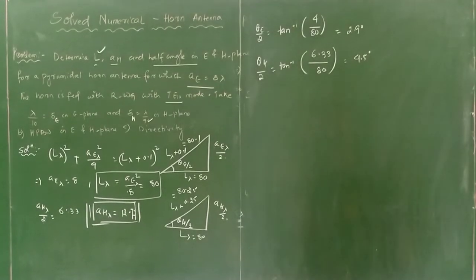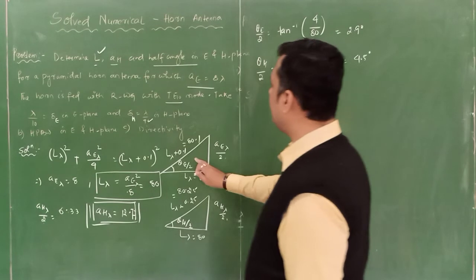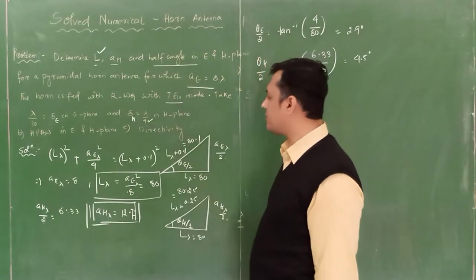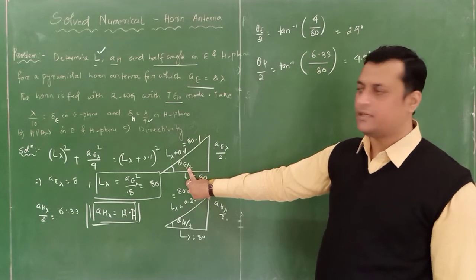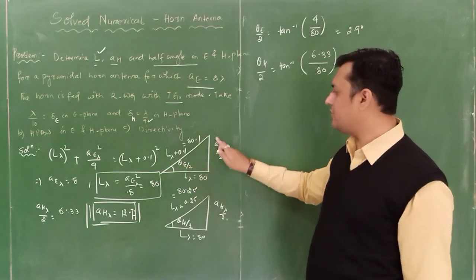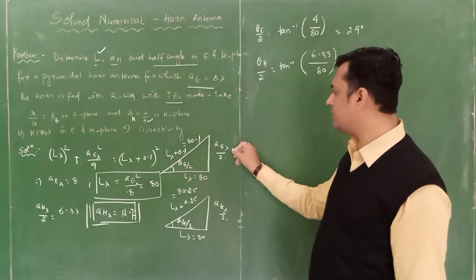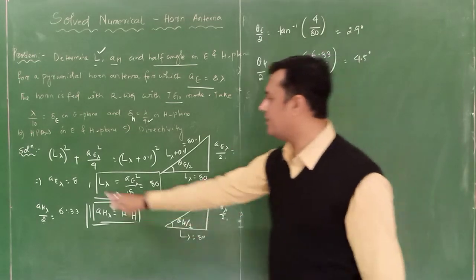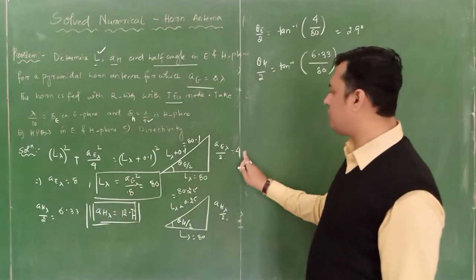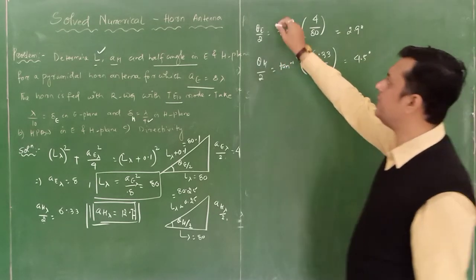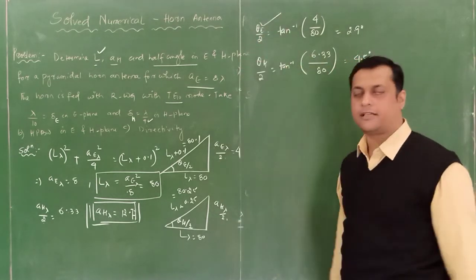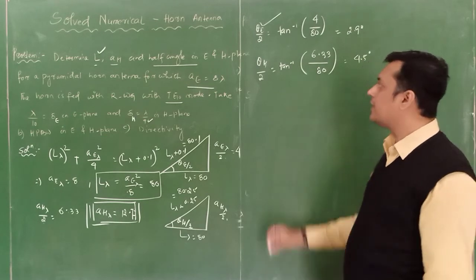Okay. So from this triangle, the half angle we can determine. How? From this triangle, tan theta e by 2 is perpendicular to hypotenuse, this A by lambda we have got 4. So 4 divided by 80, and you take tan inverse, you will get your half angle with respect to theta e.